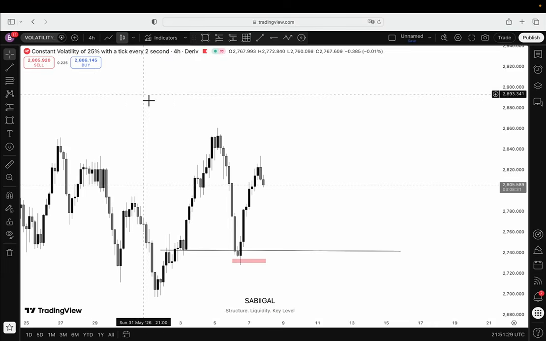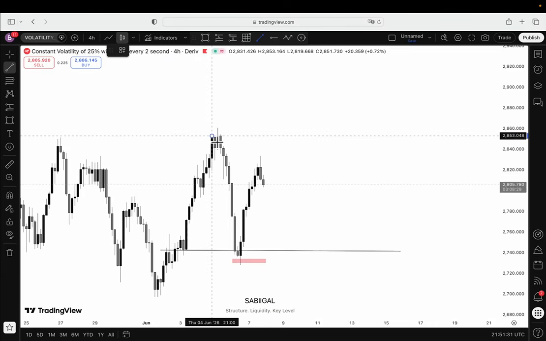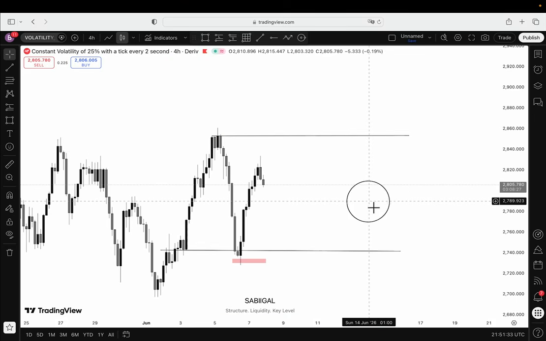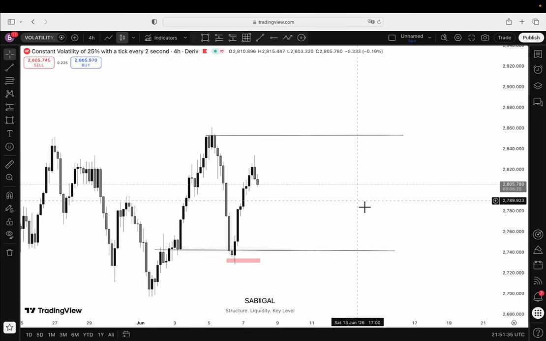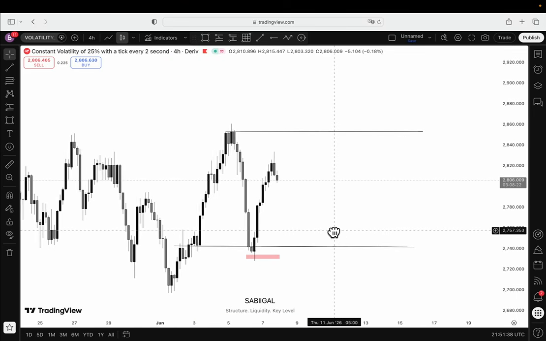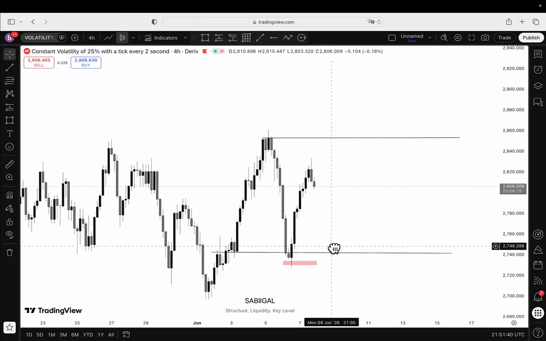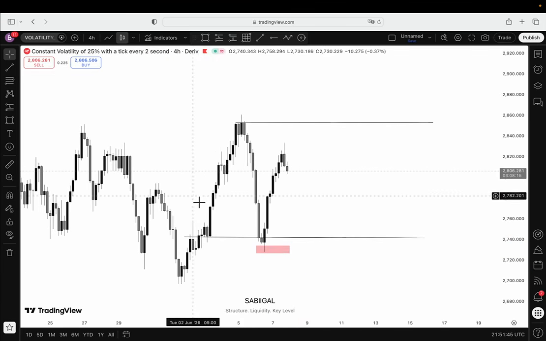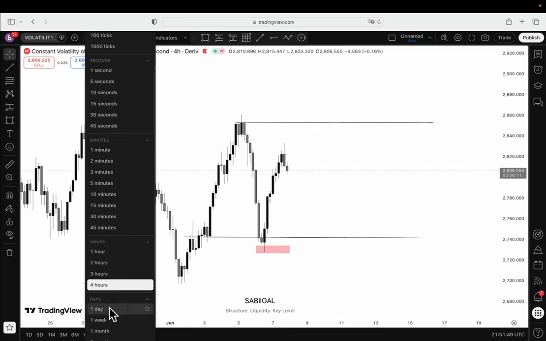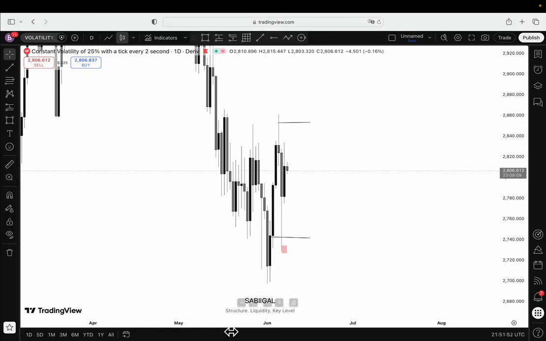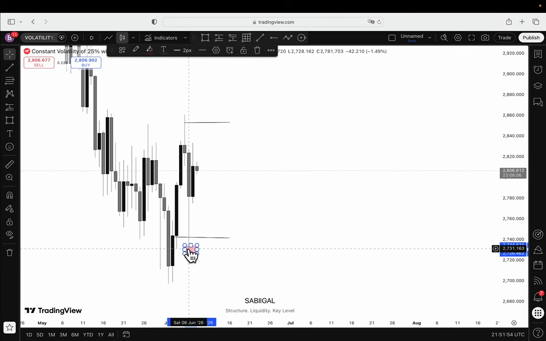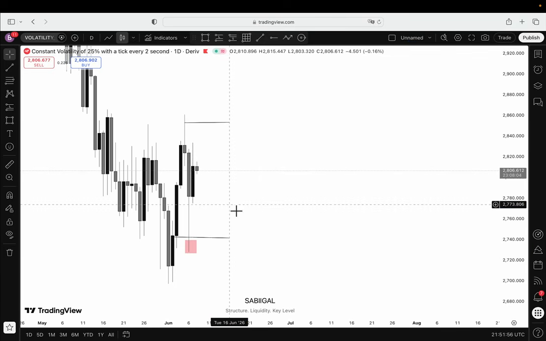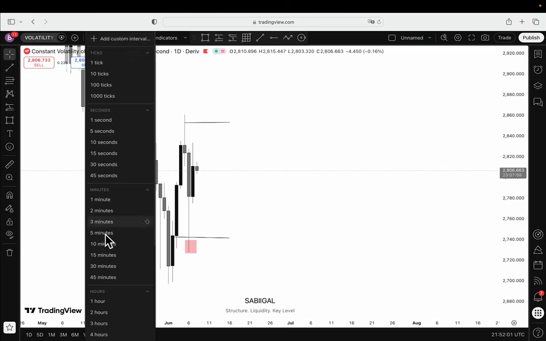This was the breakout. Actually, I was looking forward to this breakout, but it wasn't working. There was no breakout here. There was no breakout.